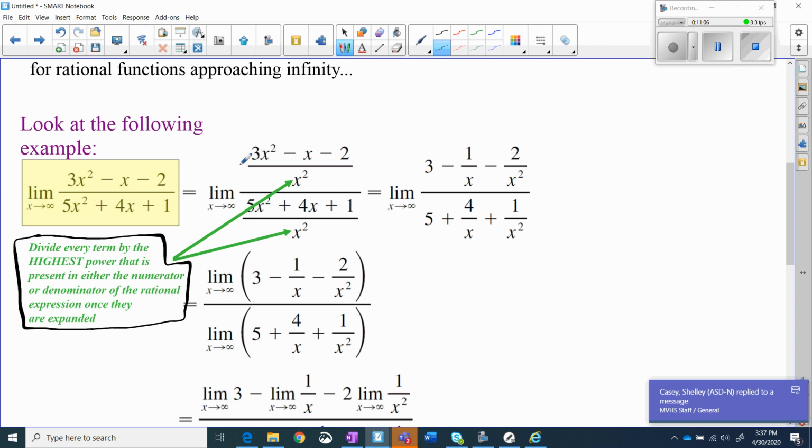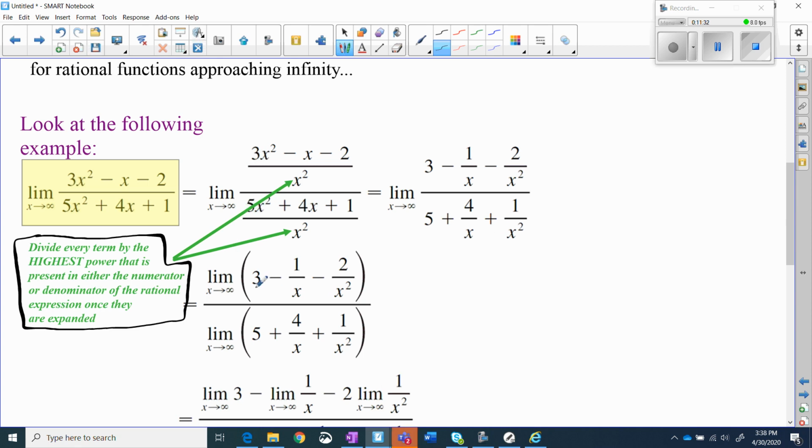So we divide the numerator by x squared and the denominator by x squared. 3x squared over x squared, you just get 3. x over x squared, I would get 1 over x. 2 divided by x squared is just 2 over x squared. 5x squared divided by x squared, I'd get 5. 4x over x squared, I'd get 4 over x. 1 over x squared doesn't reduce any, I have 1 over x squared.